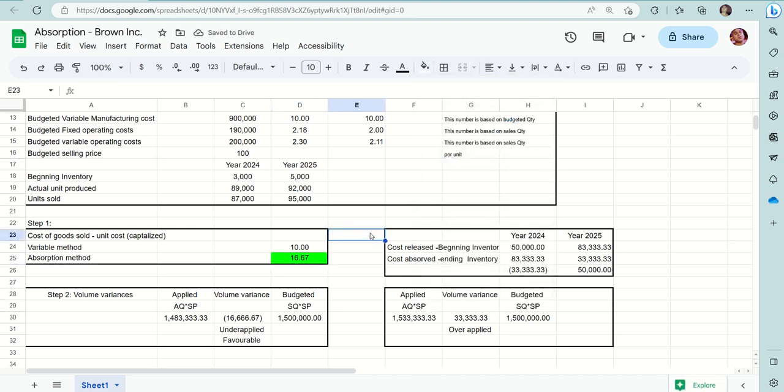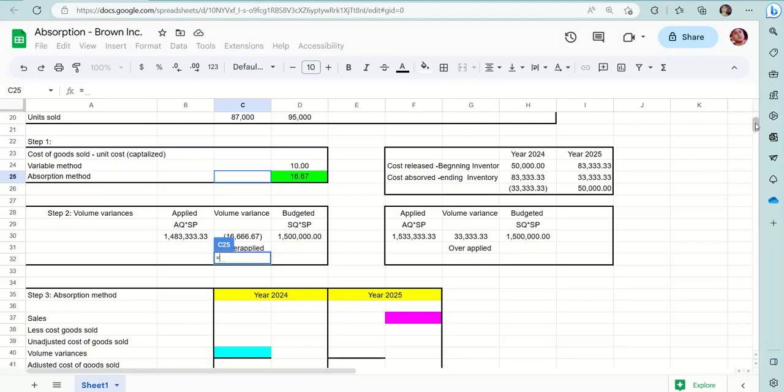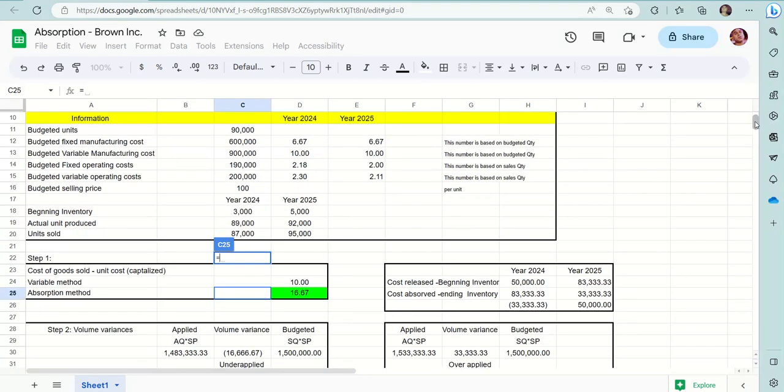Highlighted in green, you take the variable costs of $10 plus you add this 6.67 right there, and that would give you $16.67.